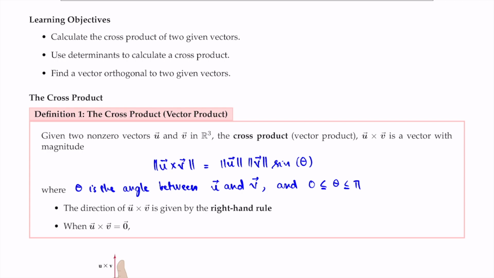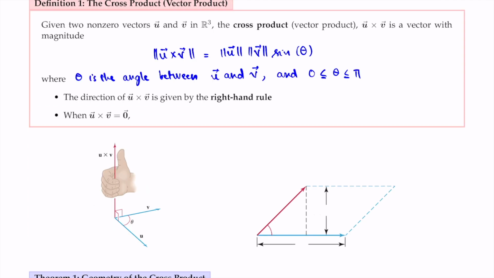So now when you calculate the cross product, the direction of the cross product u cross v is given by something called the right-hand rule. So when you put the vectors tail to tail and let the fingers of your right hand curl from u to v, then the direction of the cross product is the direction of your thumb.